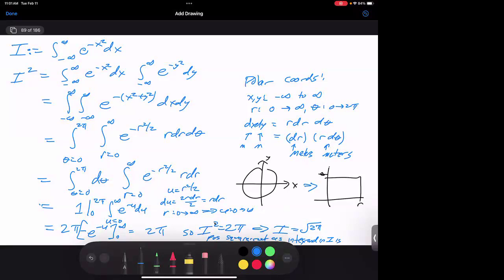What can you tell me about e to the negative x squared? What kind of number is that? Always positive. So because the integrand is positive, I'm not going to integrate a positive number and get a negative number. So I know it has to be the positive square root.